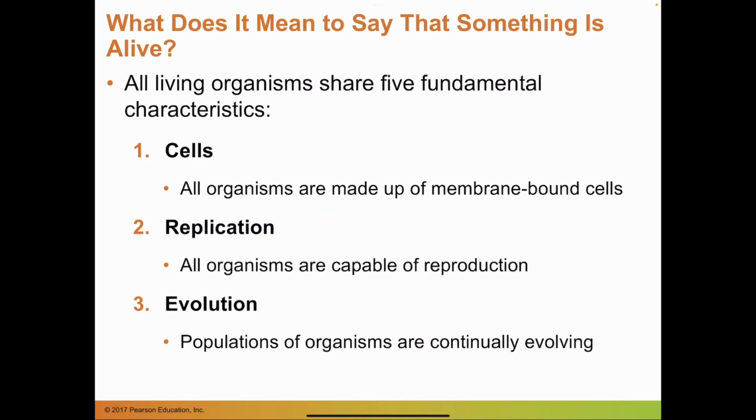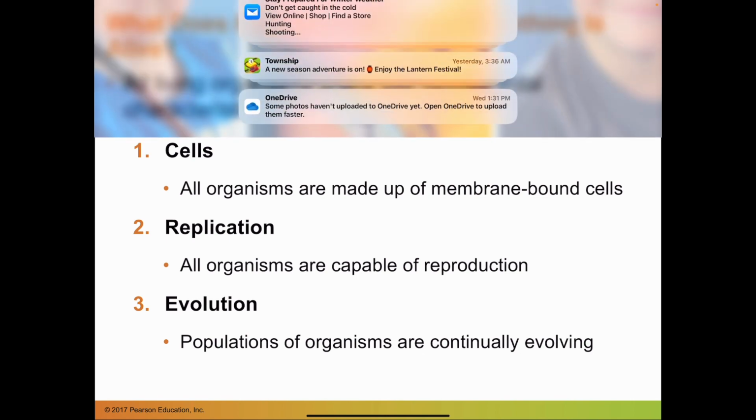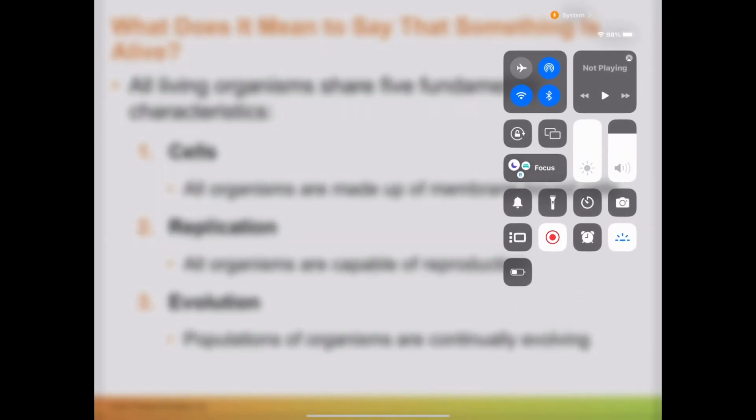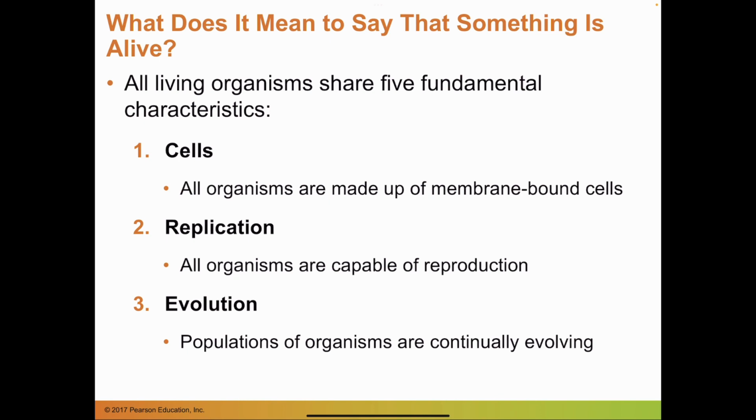So first things first, what does it mean to say that something is alive? Well, first of all living organisms share 5 fundamental characteristics. And those 5 fundamental characteristics are cells, where all living organisms are made up of membrane-bound cells. And we'll get into some more detail on cells later on.